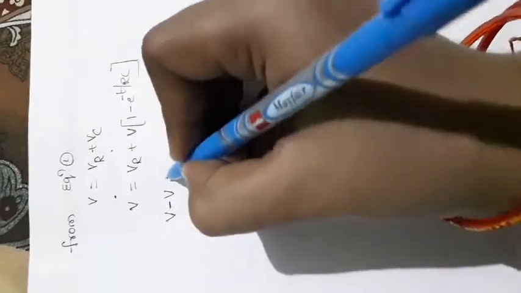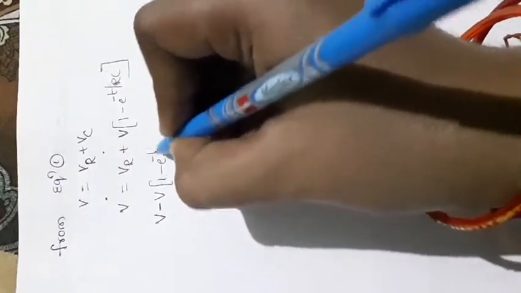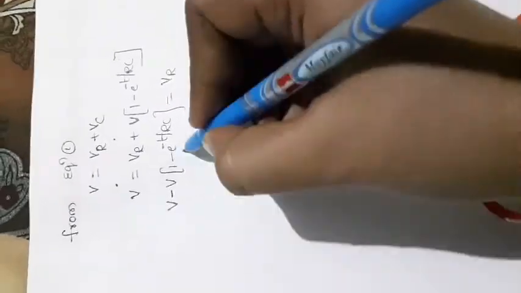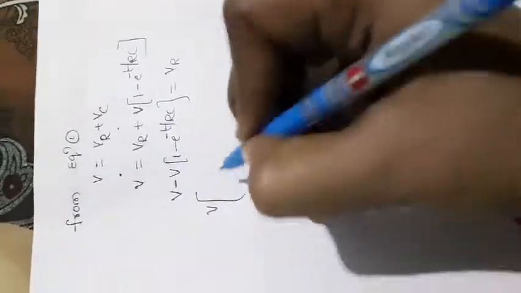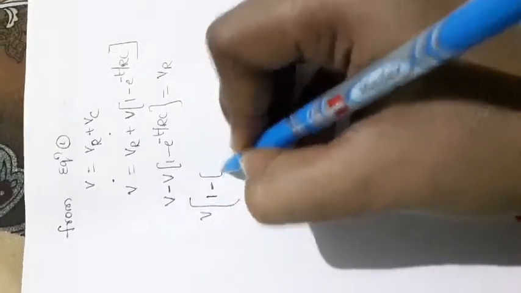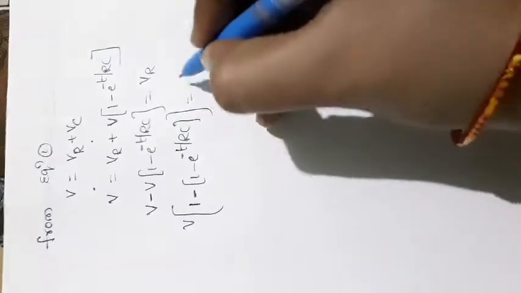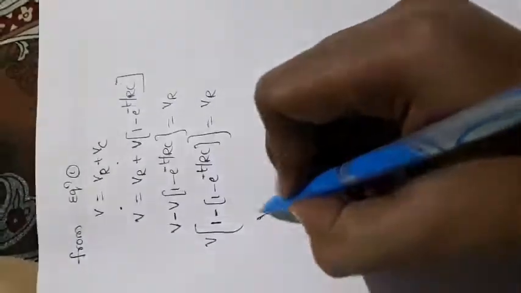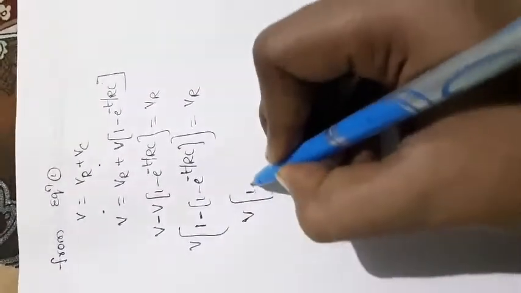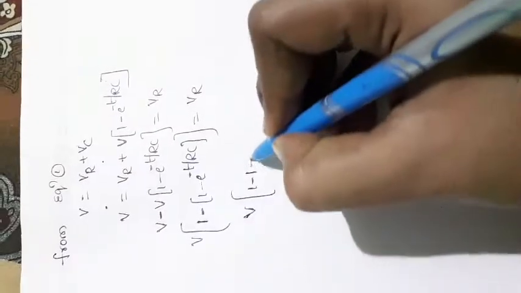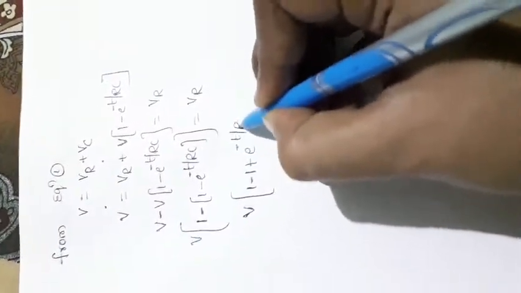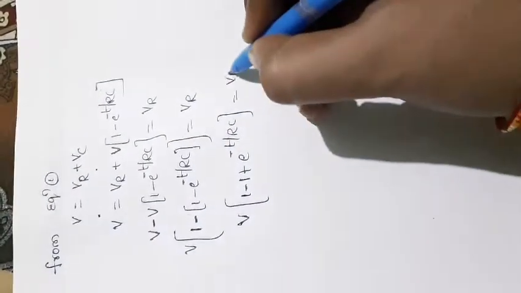You can take that value to the left side. So 1 minus e power minus t by RC is equal to VR. In these two terms we'll have V as common. So V into 1 minus 1 plus e power minus t by RC is equal to VR.